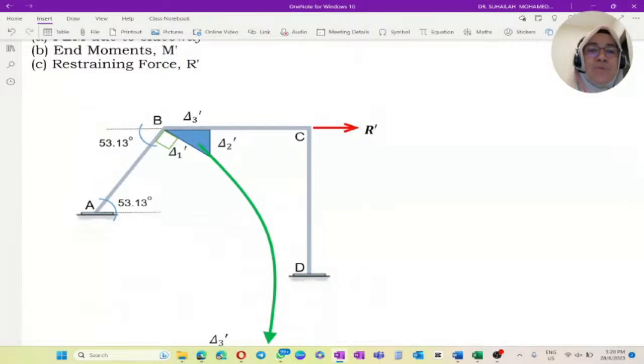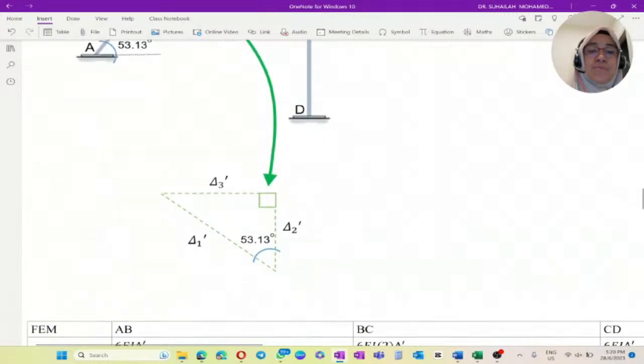For the beam, we use delta 2 prime, and for member CD, we use delta 3 prime. For the FEM calculation, we use these deltas in the formula, and we choose one member to assume the FEM. So this is just revision.